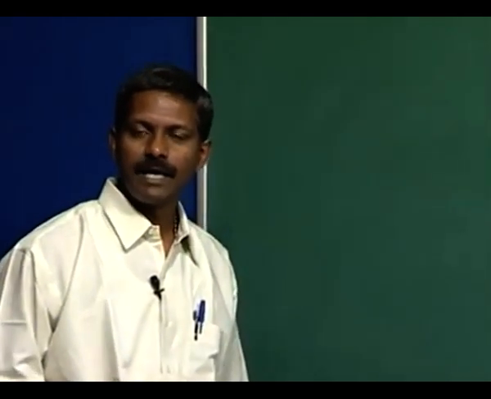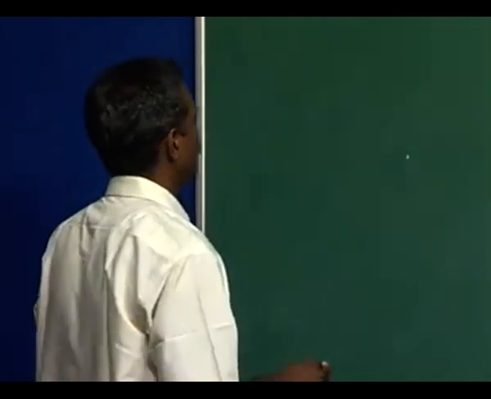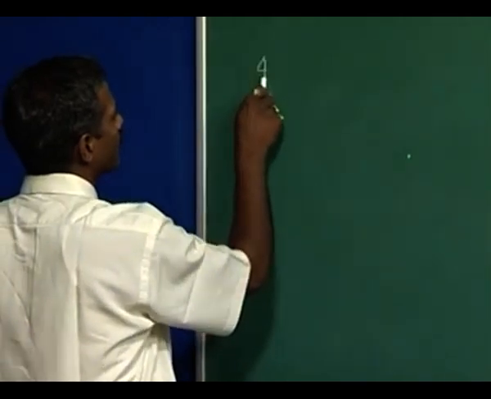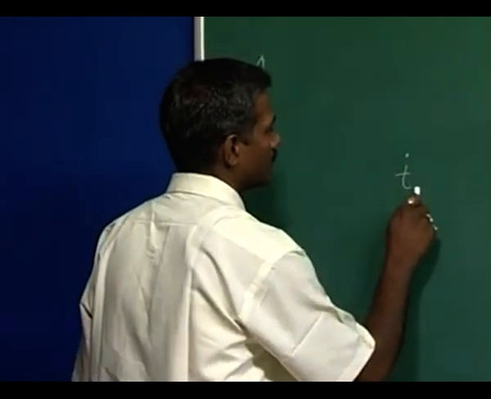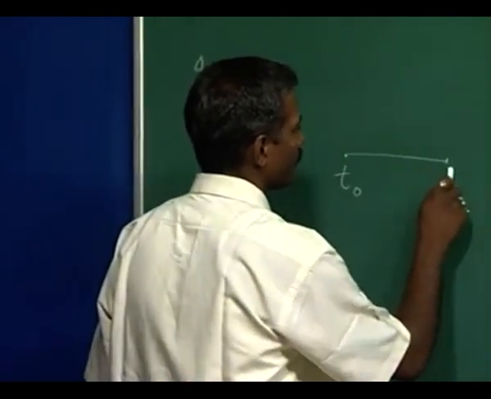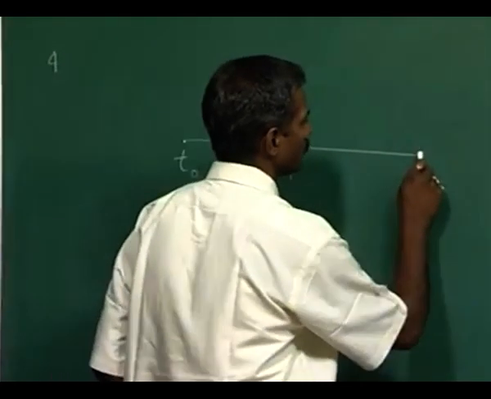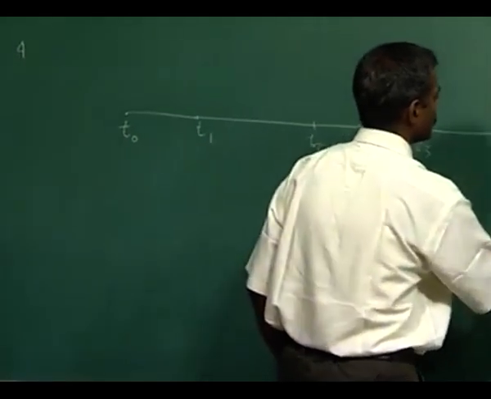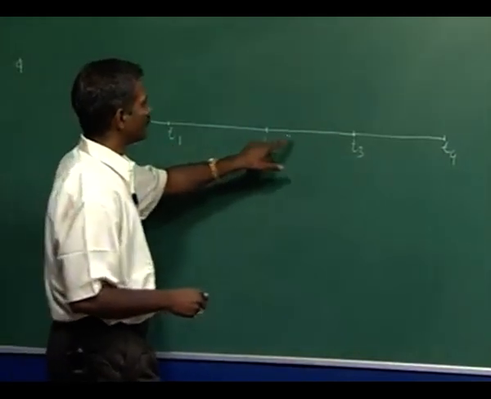How did we construct a B-spline basis function using polynomial splines? Let's try to construct an order 4 basis spline function. Let me start with T0, T1, T2, T3, T4. I will need 4 knot spans.